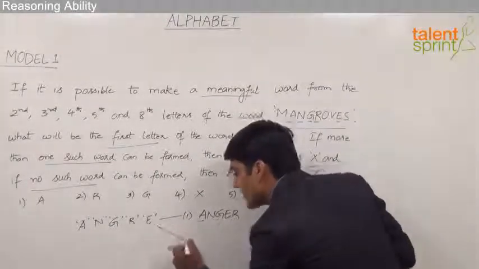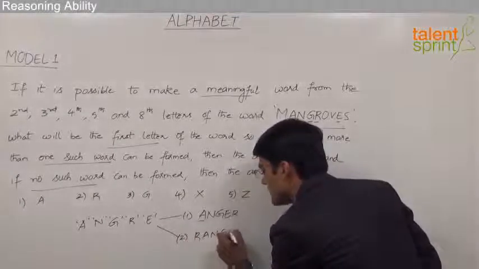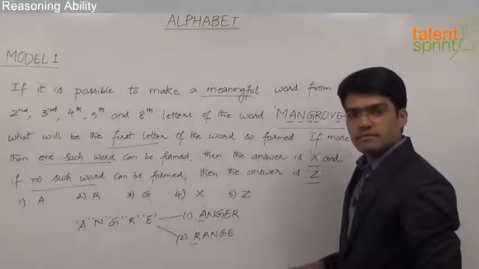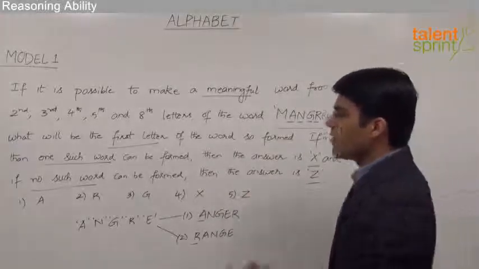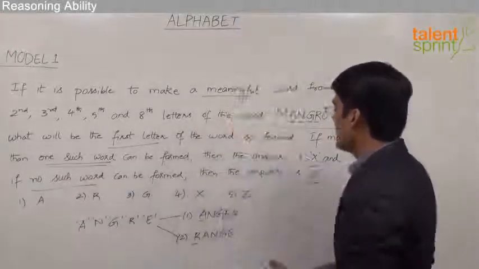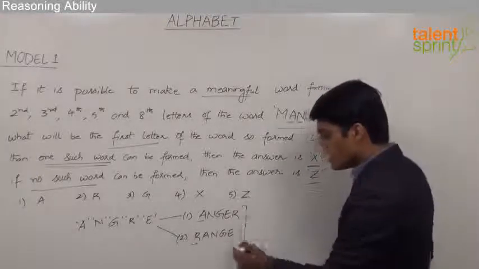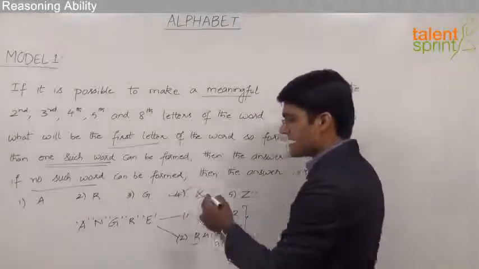So the second word here is range, R, A, N, G, E. And here the first letter is R. Now as the question clearly says, if more than one word can be formed, then the answer should be X. So here, as we have got two different words, the answer has to be the fourth option X.